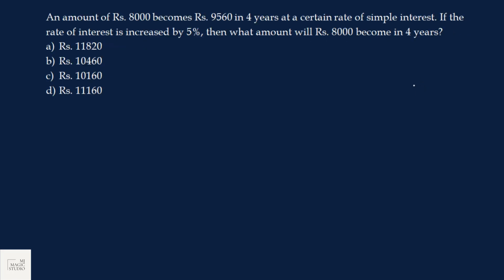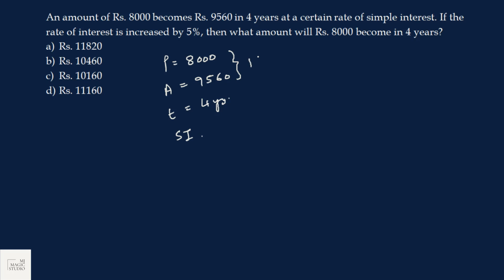Okay, as promised, simple interest should be there in the sample question set. A question from simple interest, give it a try and then look for the solution. An amount of rupees 8,000 becomes 9560. Principal 8,000 becomes amount 9560 in 4 years at a certain rate of simple interest.